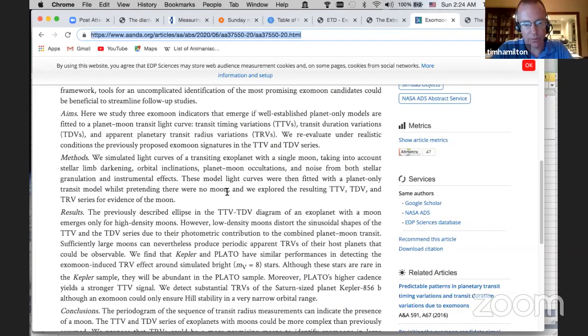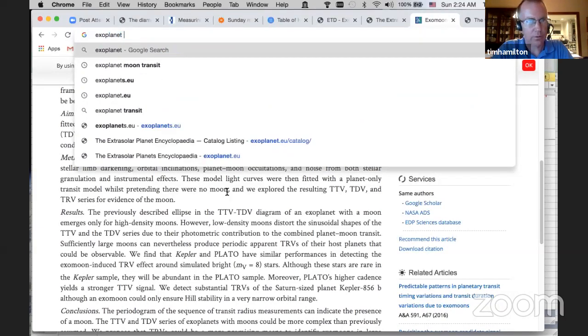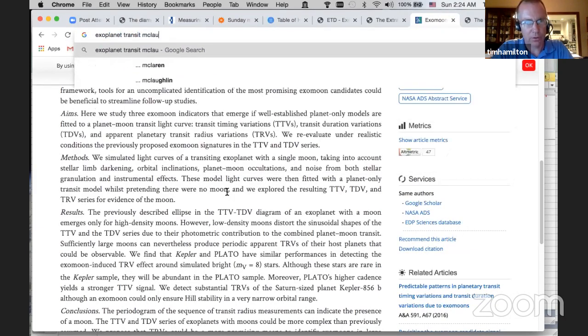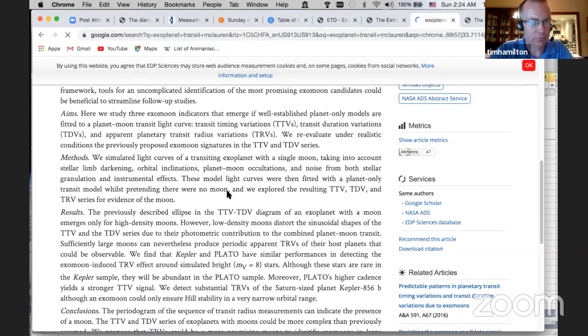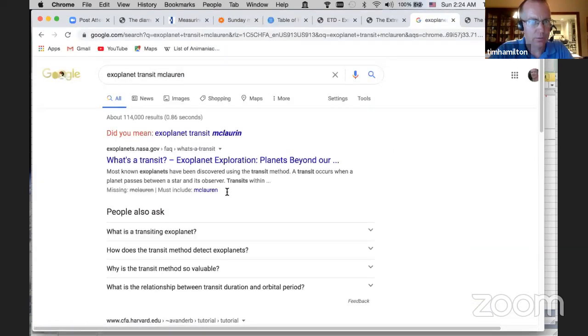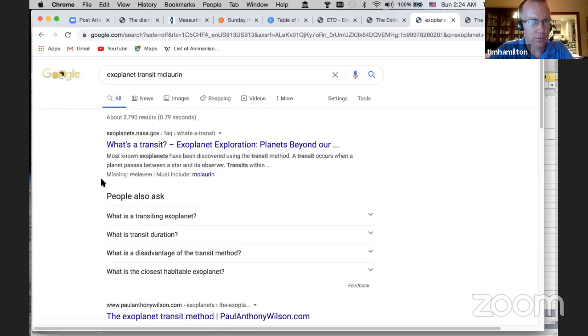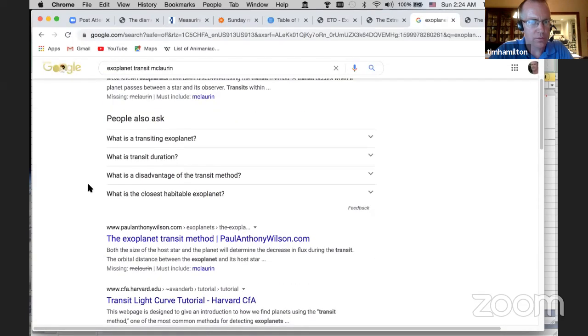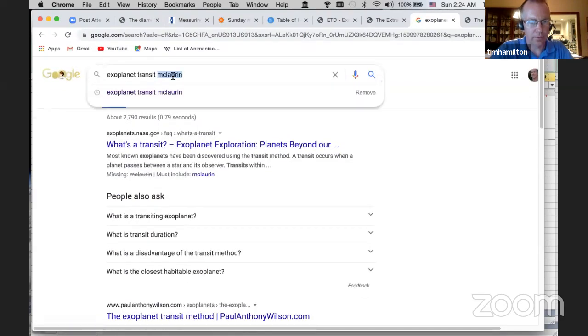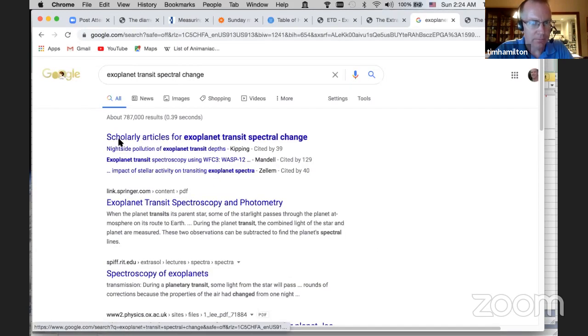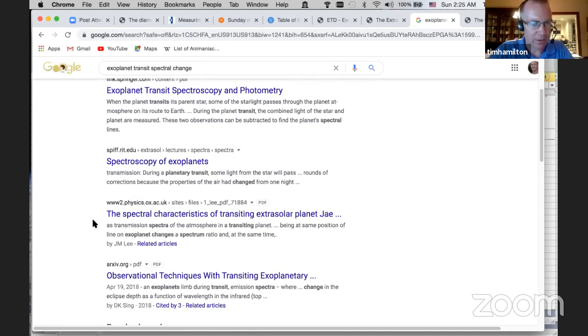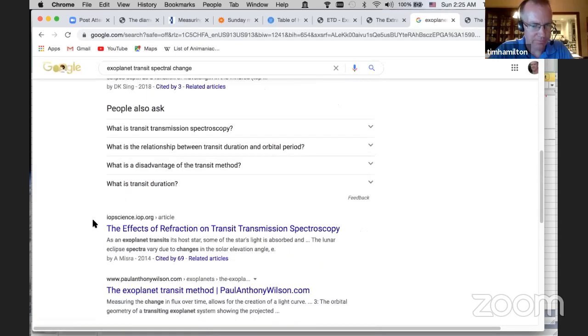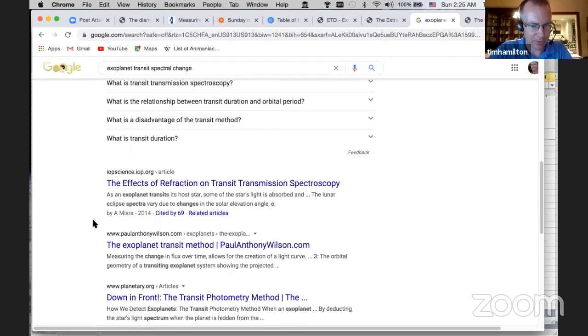Exoplanet transit, McLaurin, spectral change. I was wanting to say a McLaurin effect, but I'll have to skip out on what the name of it is.